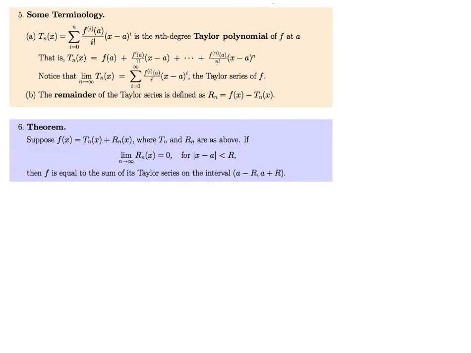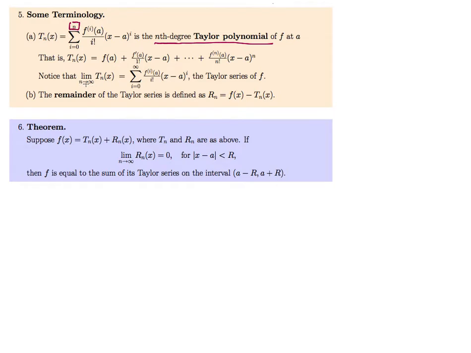And so a bit of terminology. The nth degree Taylor polynomial of f at a is just obtained by truncating your Taylor series at n, so only taking the terms corresponding to 0 all the way through n and stopping there. And that's a polynomial now, and that's called the nth degree Taylor polynomial.